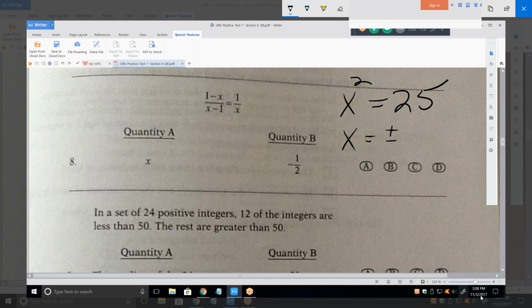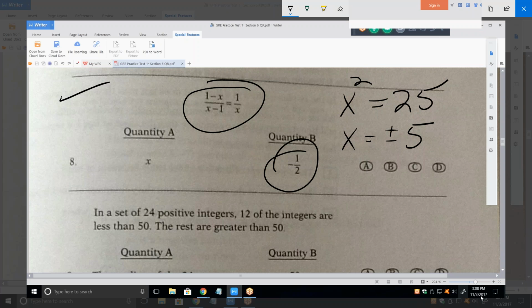Always, 100% of the time. Problems like this, you're going to get wrong if you don't do it, I can assure you. That's the whole essence of this problem, to make sure you came up with the plus or minus 1. Because plus or minus 1, we don't know. If it's minus 1, it's less than B. If it's plus 1, it's greater than B.